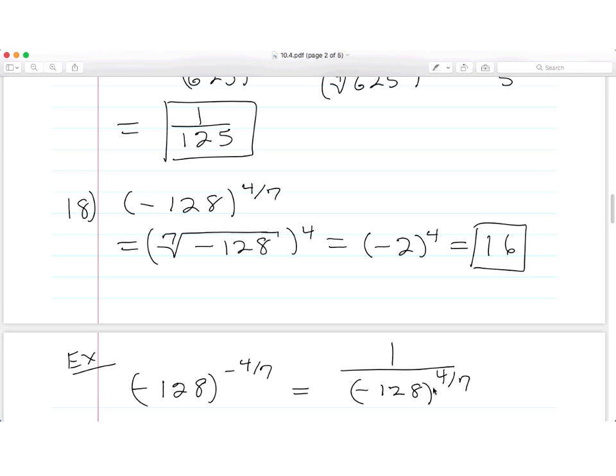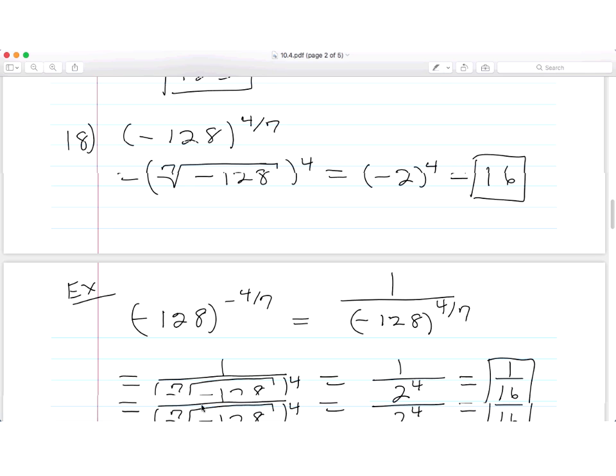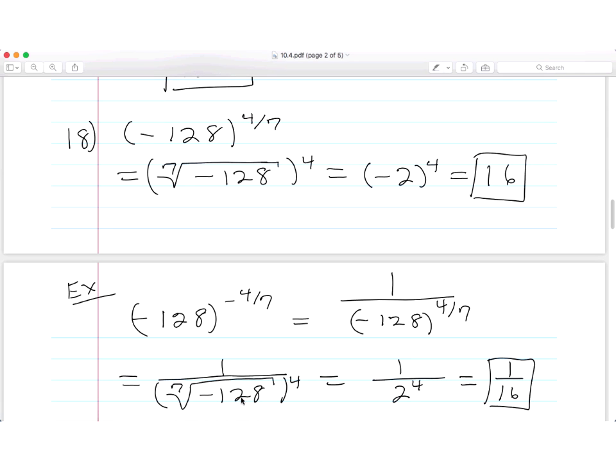Let's look at, as an example, negative 128 to the power negative 4/7. So first, deal with the negative exponent. Let's take the reciprocal of negative 128 to the power 4/7. Now let's take the 7th root. So I have 1 over the 7th root of negative 128 to the 4th.